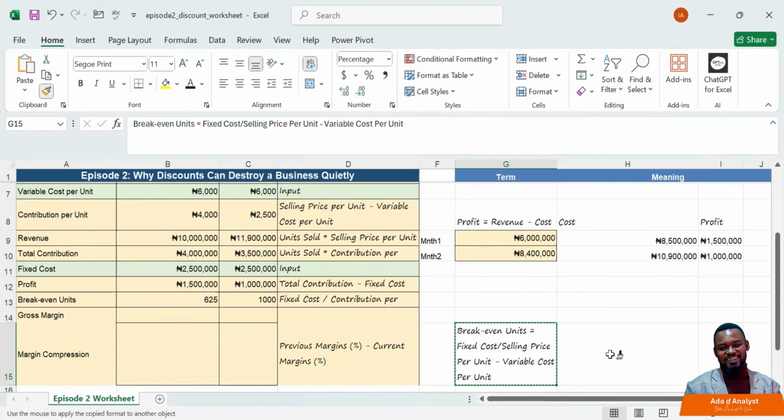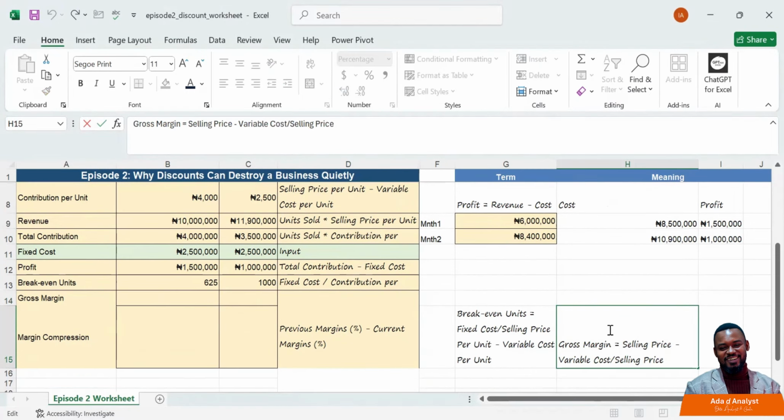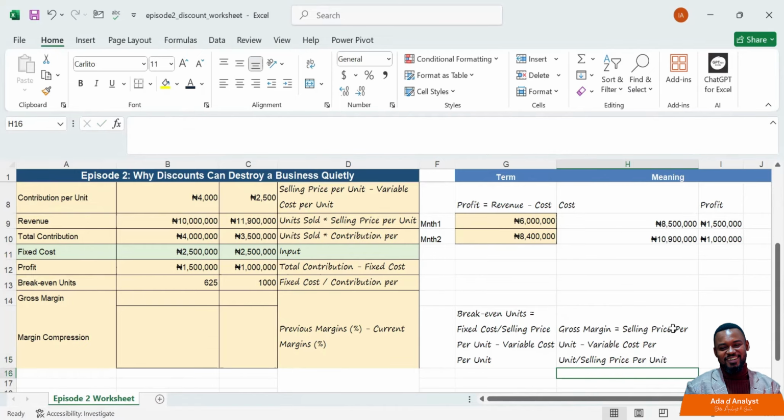Our gross margin is selling price per unit minus variable cost per unit, divided by selling price per unit. When calculating manually, it's a margin, so it's a rate, and we could multiply by 100. But because we are doing that in Excel, we won't have to multiply by 100. I believe you understand that.